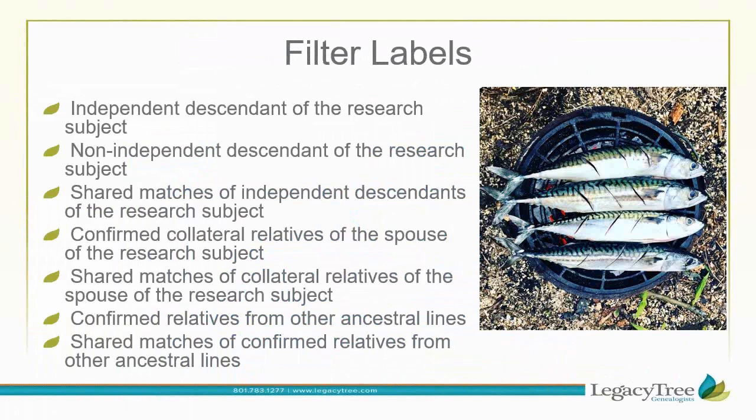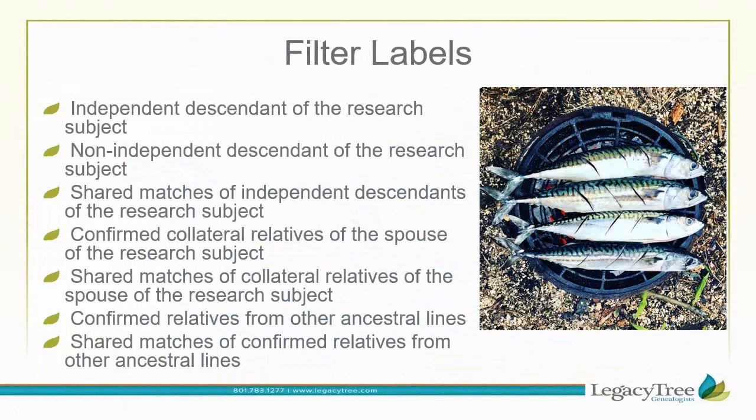Something else that can be helpful is to mark confirmed relatives from other ancestral lines and shared matches of those confirmed relatives from other ancestral lines. In this case, if we have a very targeted research question, you might just have a catch-all category for everyone else who we're not interested in, that we can put aside and say they are not of interest in our research question.